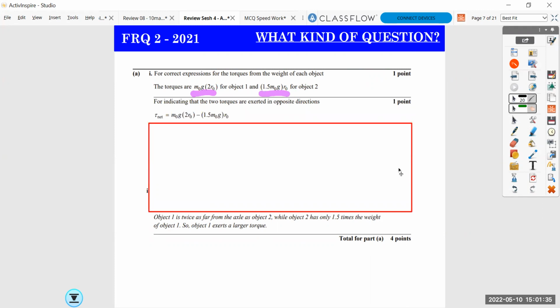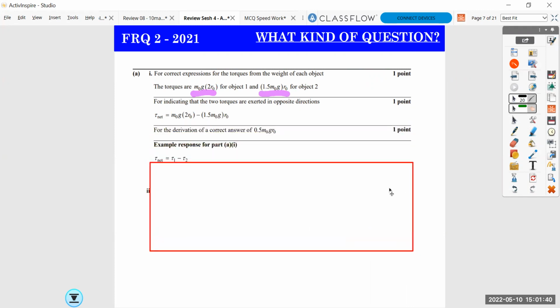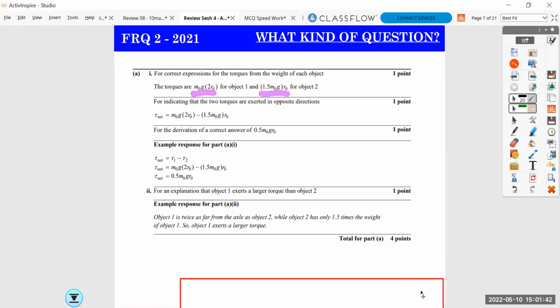If you're just showing that they're subtracted, that is plenty. A third point here for the correct answer in that case. And then for the fourth point, any indication that object 1 exerts more torque than object 2 gets you there. So that's 4 points, 4 out of 7, right off the bat for doing some subtraction and saying one number is bigger than another.